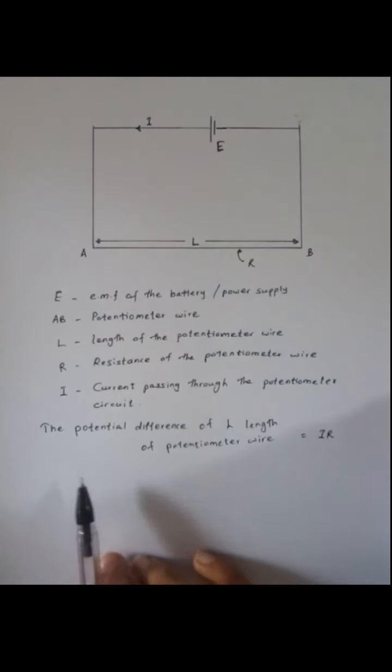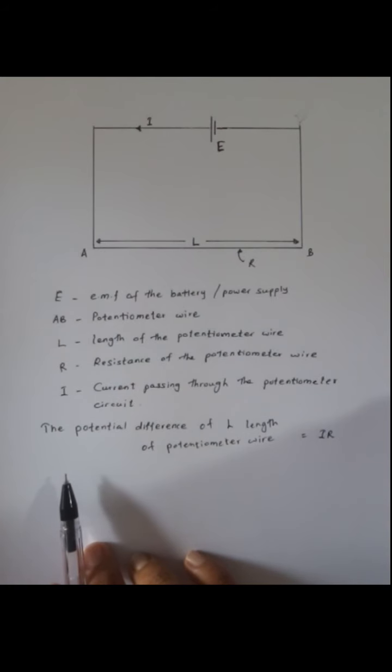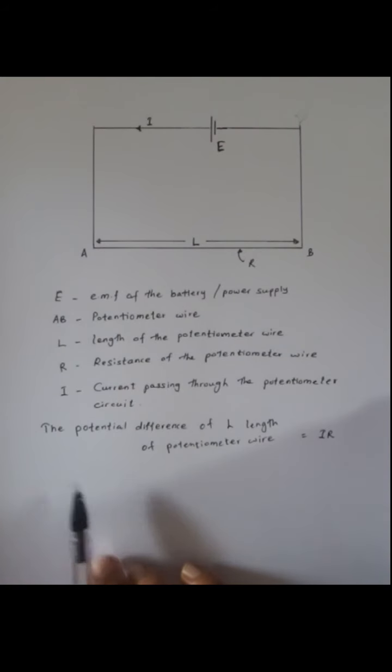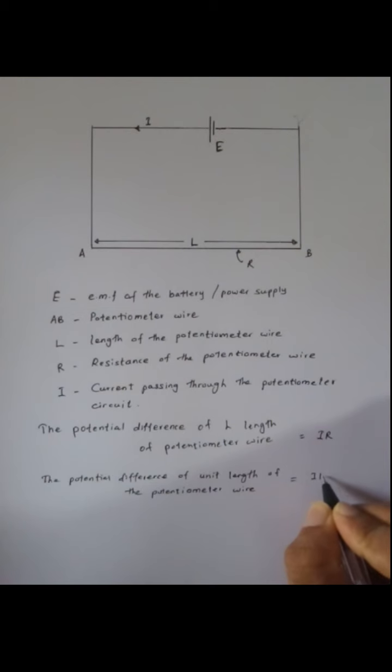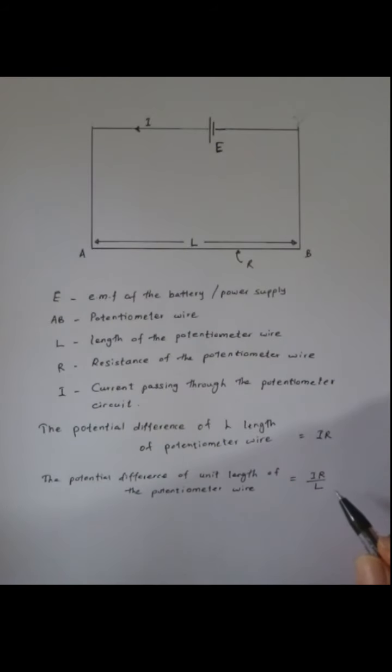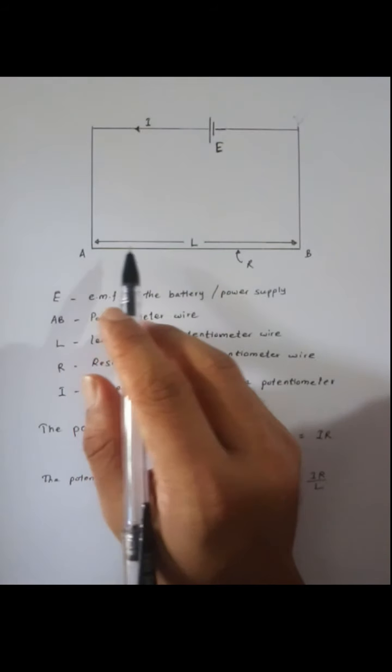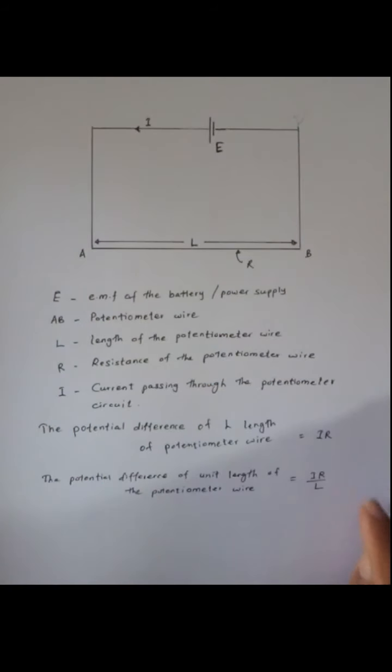So now I can consider the potential difference per unit length. We know the potential difference in capital L length is IR. Therefore, the potential difference in unit length is IR divided by L. This means the potential of the potentiometer wire will drop by this value for every unit length.